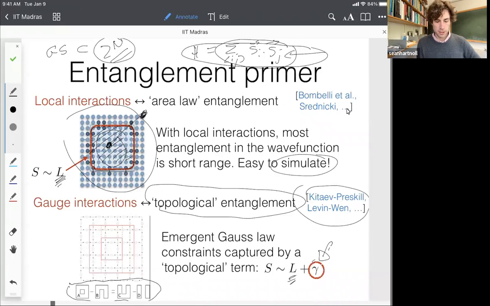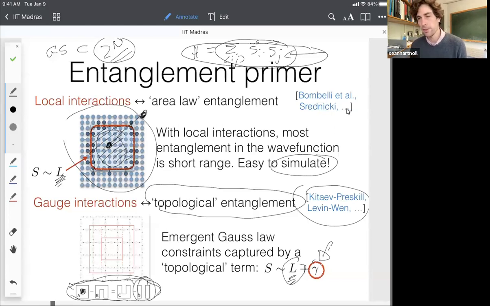And so you see the regions, the area of the region A minus B or C minus D, they're made so that in this combination of regions, the length term cancels out, right? So these are regions that if you add and subtract them, you cancel out the length. But crucially, these regions have different topology, right? This one has a hole in the middle, and this one is disconnected, okay?